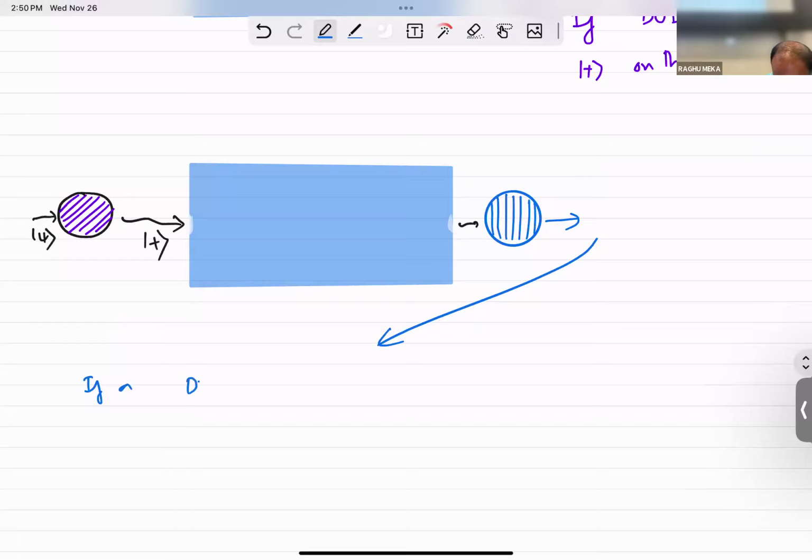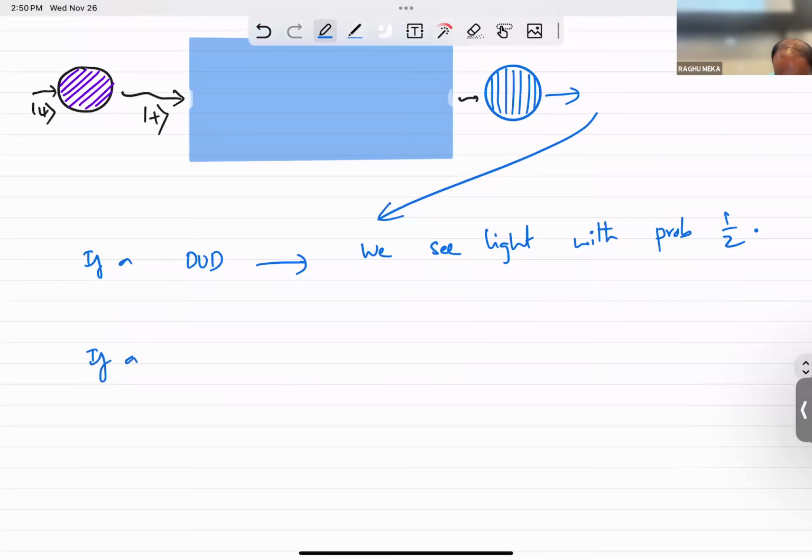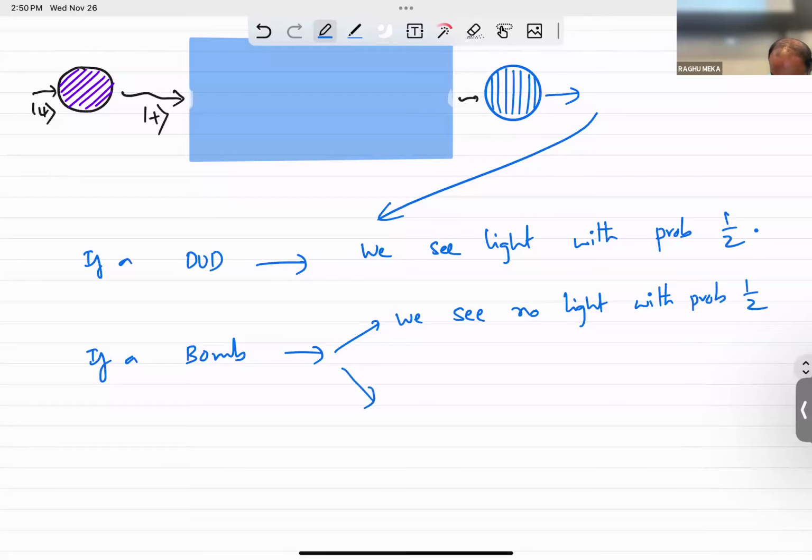If a dud, then we see light with probability half. And if a bomb, we see no light with probability half, or we see an explosion.